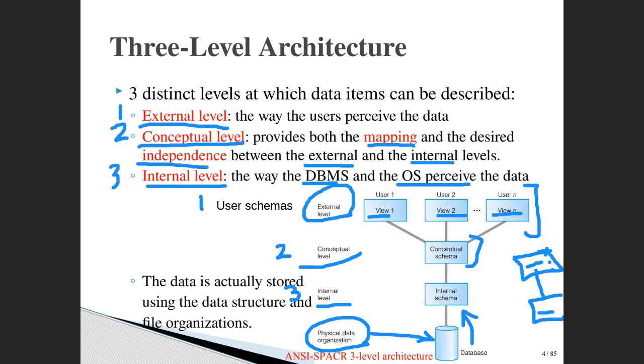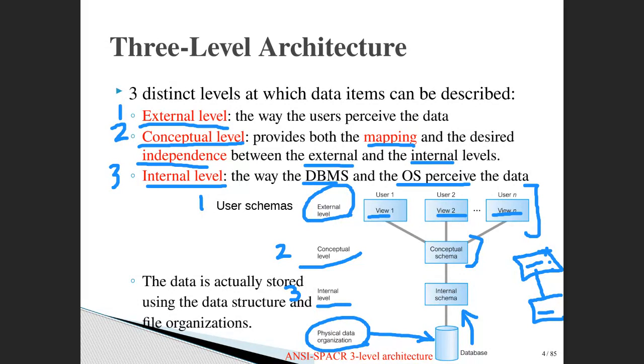Now, as a whole picture of how we are representing the data in the database system as a three-level ANSI-SPARC architecture, we know that there are three levels, right? Okay, simple. The external level related to users or user schemas, how each student, how each user can perceive the data depending on each user's requirements. Then number two, conceptual level, which provides the mapping between the external and internal level.